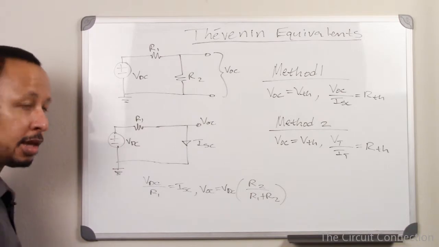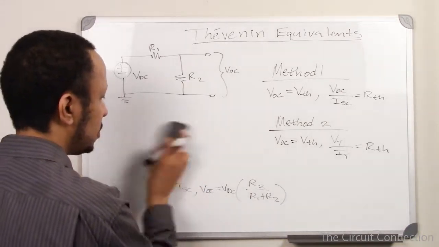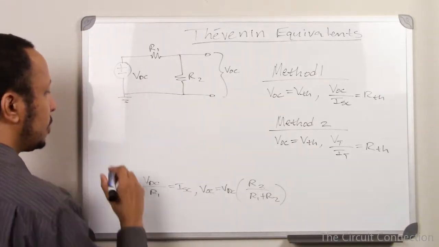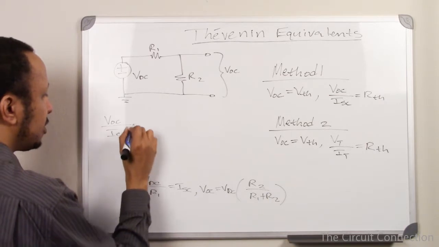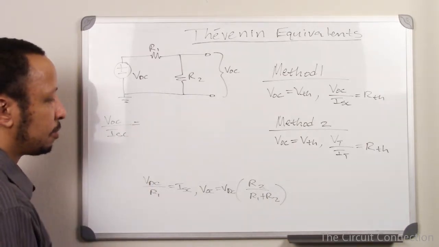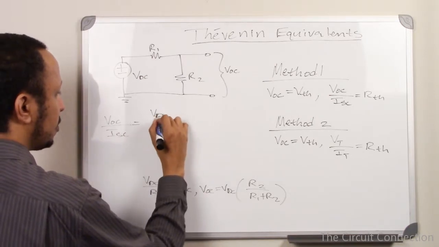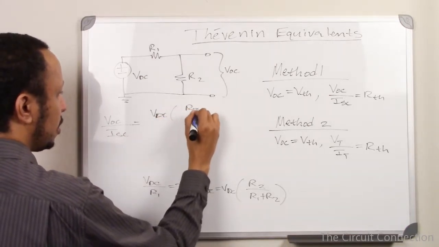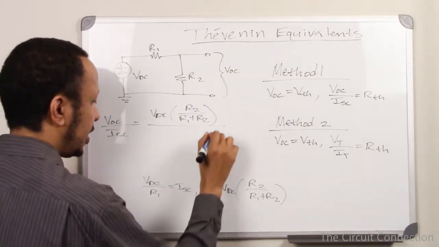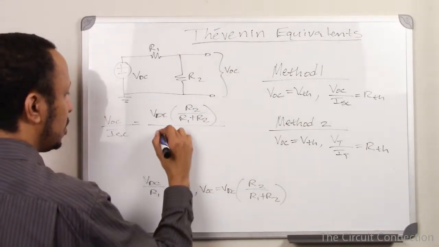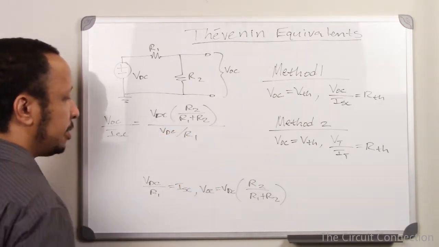With that being the case, we can go ahead and calculate VOC over ISC, which equals VDC R2 over R1 plus R2, divided by VDC over R1.